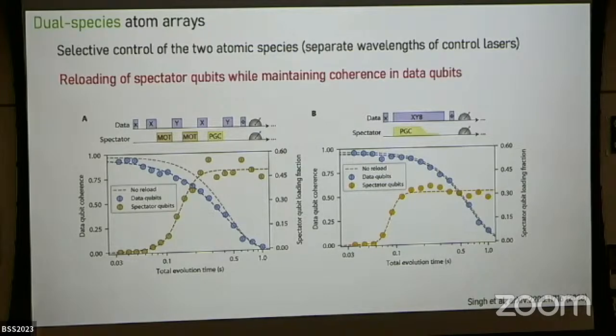Actually, on a related note, with that kind of atoms, you can probably do something very similar, where you shelve your atom. Actually, what Adam demonstrated is already very close. When he did the midcircuit reset, he was shining resonant light on the qubits in the ground state, but the qubits in the metastable states were not affected. So this shows you that you can probably do something very similar with this continuous reloading for those kinds of atoms as well.